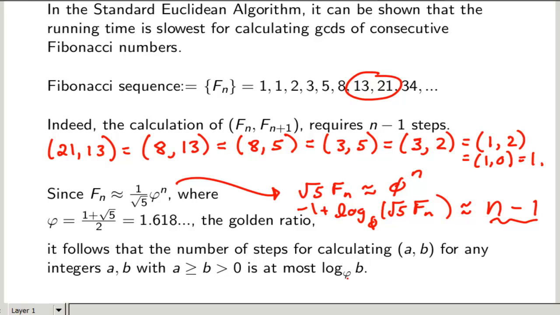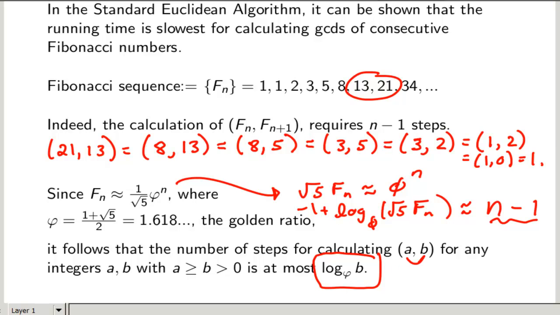And you can show, in fact, that the number of steps is at most log to the base phi of F_n. And that's the worst case scenario. So the number of steps for calculating the GCD of any two numbers using the standard Euclidean algorithm is on the order of log to the base phi of b.